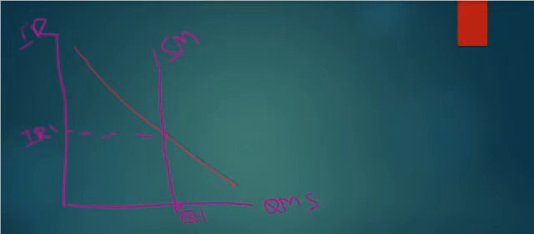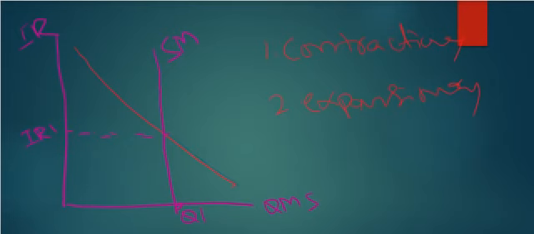So here the central bank has two different kinds of monetary policies. One is contractionary and the second is expansionary monetary policies. So what is this contractionary monetary policy?